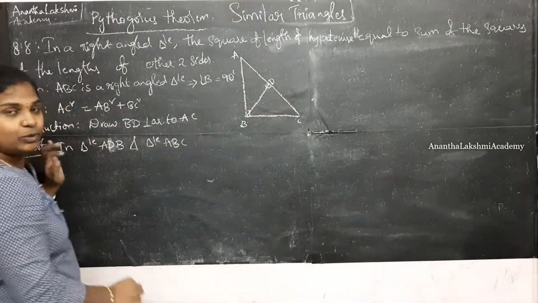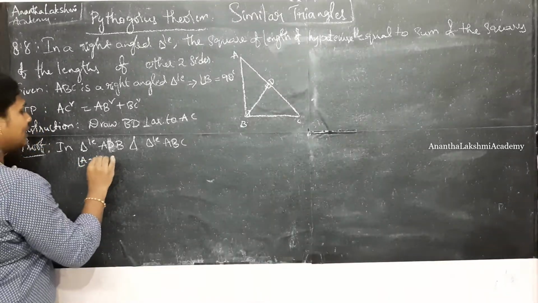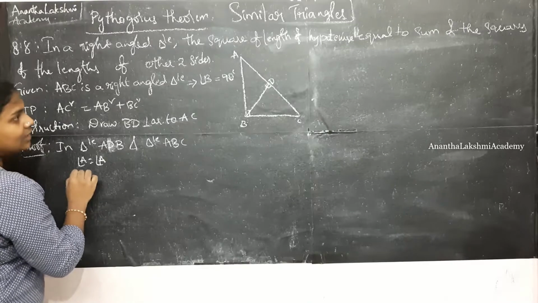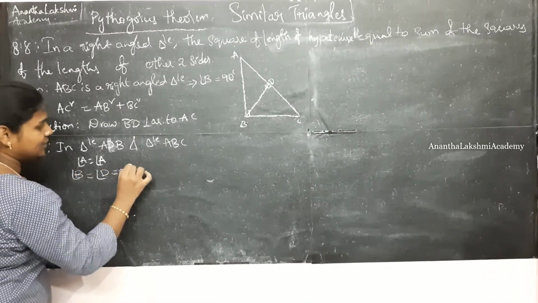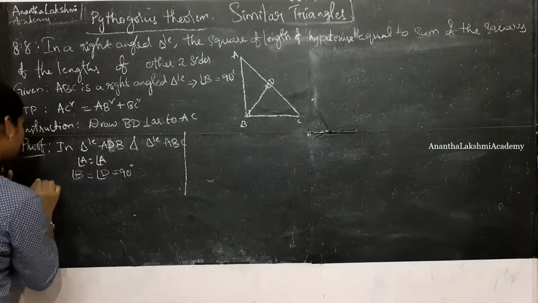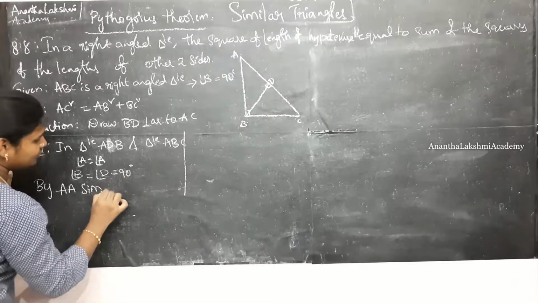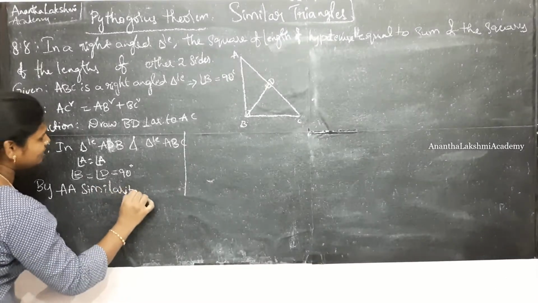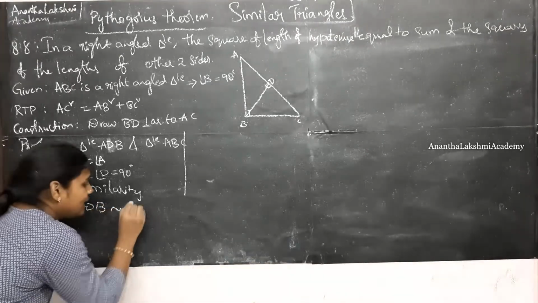What is common for both of them? Angle A is equal to angle A. And angle B is equal to angle D is equal to 90 degrees. So by AA similarity, we can say that triangle ADB is similar to triangle ABC.